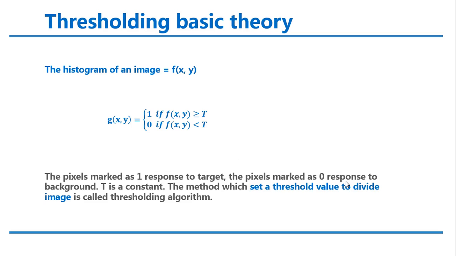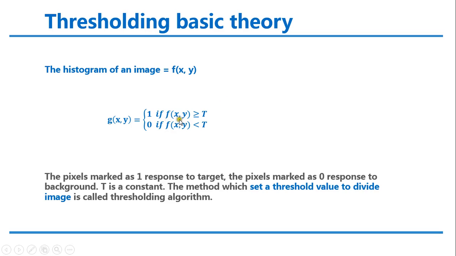Here is the thresholding basic theory. Assume a histogram of the image corresponds to the function f(x,y). We make a value the image threshold t.